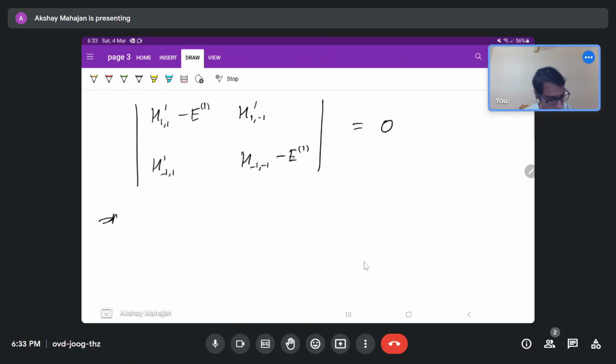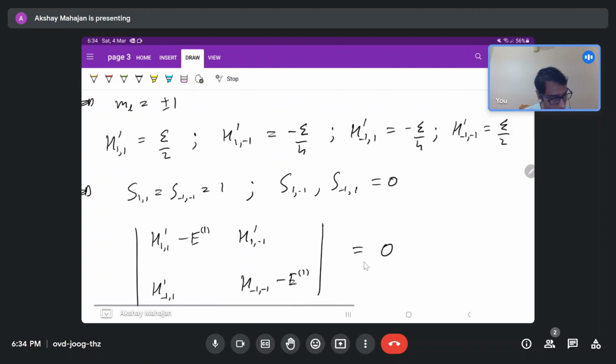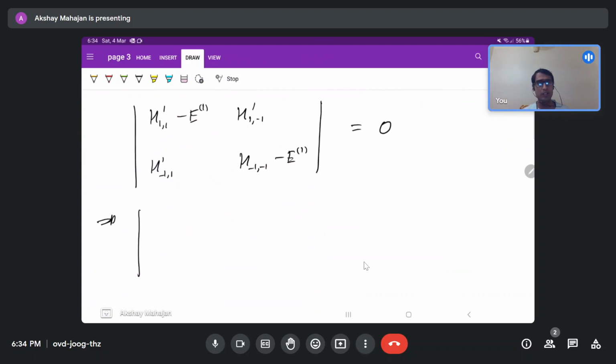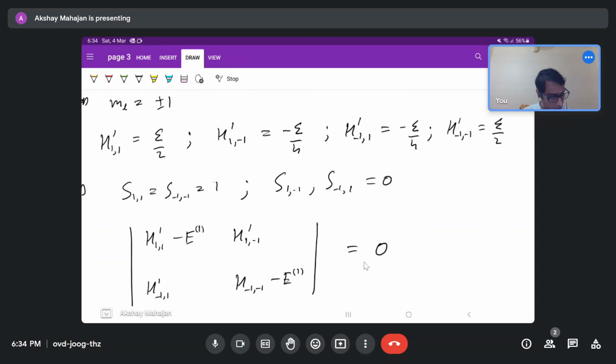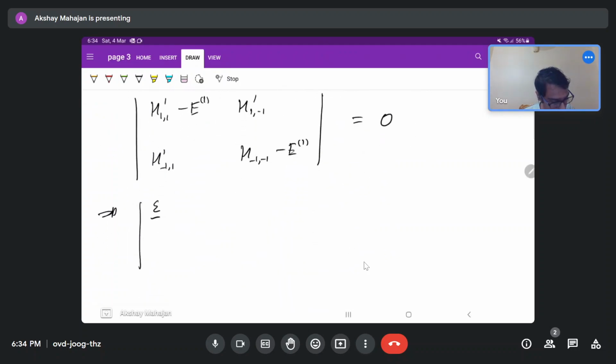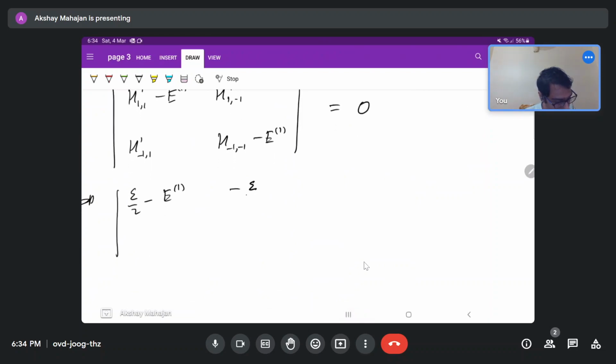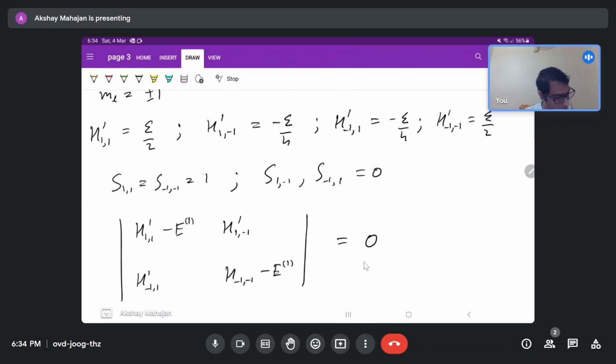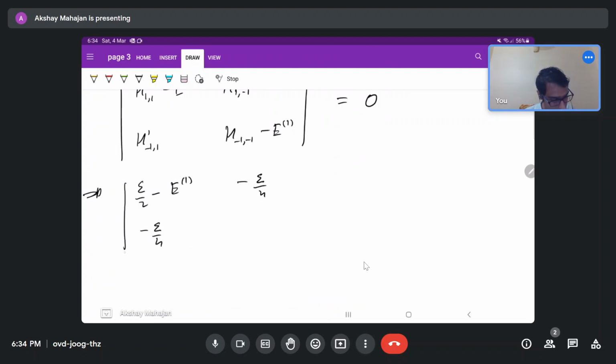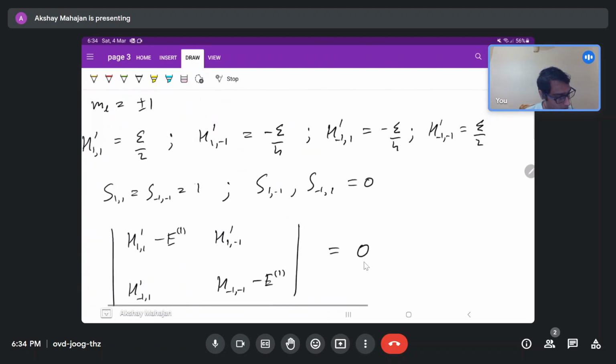So again this will give us h(1,1) prime. Now let's put the values, that will make things simpler. This will give a quadratic equation if we go with these terms, or we can just put the values. So h(1,1) prime is epsilon by 2 minus E1, h(1,-1) is minus epsilon by 4, h(-1,1) is minus epsilon by 4, and h(-1,-1) is again epsilon by 2.